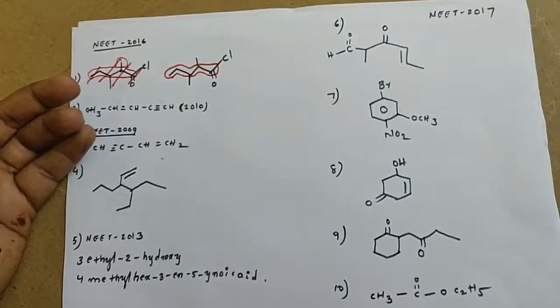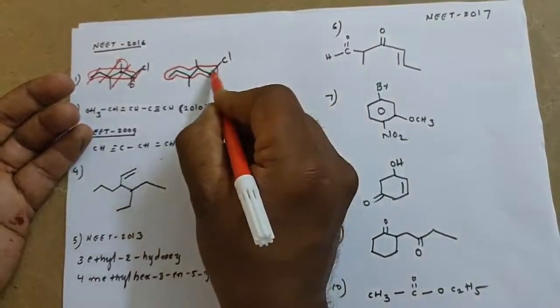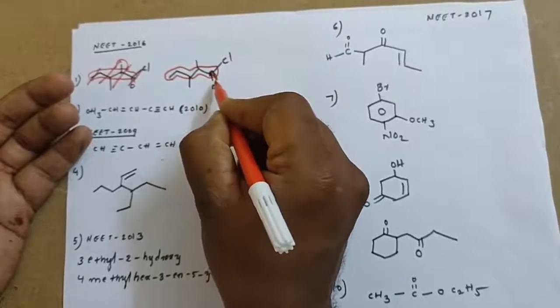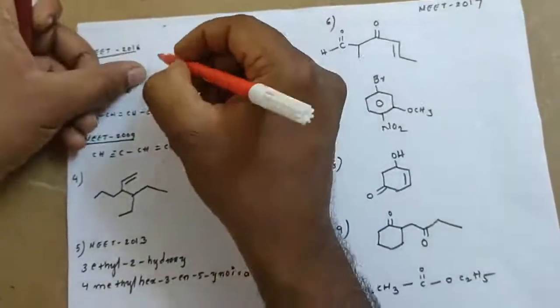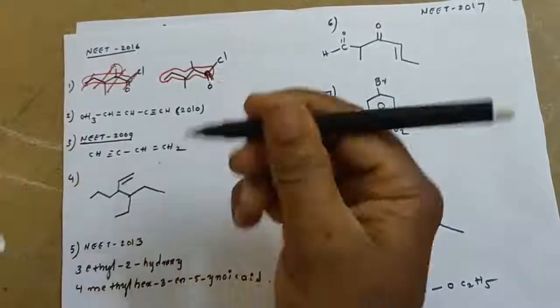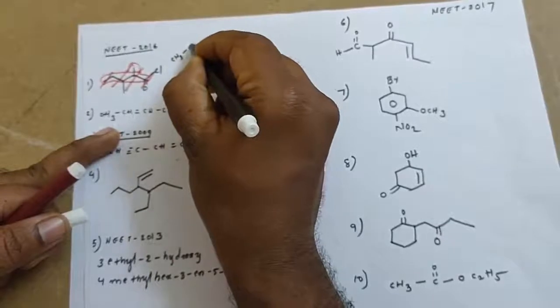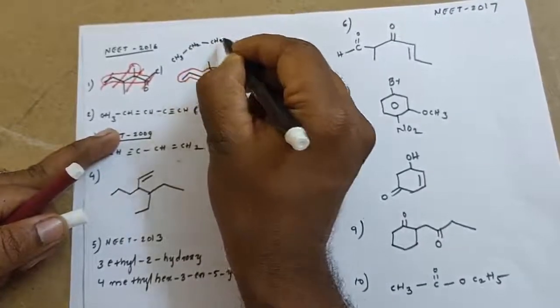After selecting the longest chain, numbering. I mentioned to you, numbering should start from the functional group carbon. Here what is there? C double bond O Cl. If I write the expanded structure for this, there is a CH3, CH2, CH2.